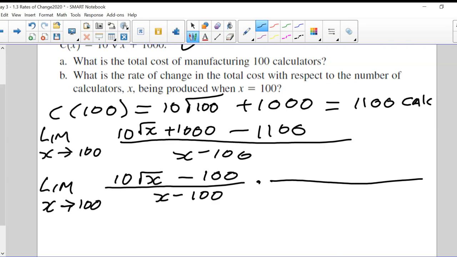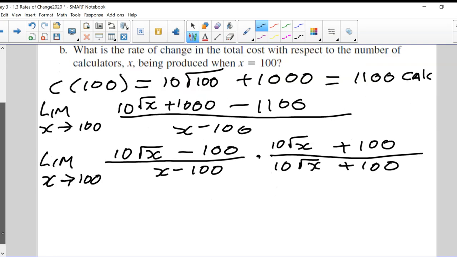And the conjugate in this case would be the 10 root x plus 100. Thank you, Kushi. Excellent. So that's my conjugate right there.